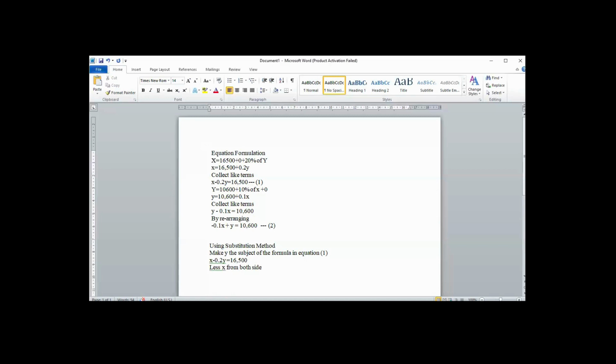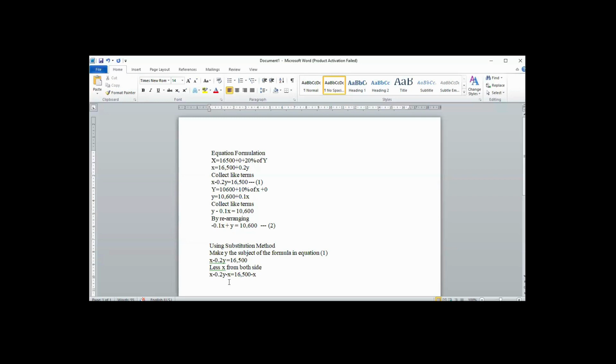This is what we say: x minus 0.2y minus x equals 16,500 minus x. Then x minus x is 0.